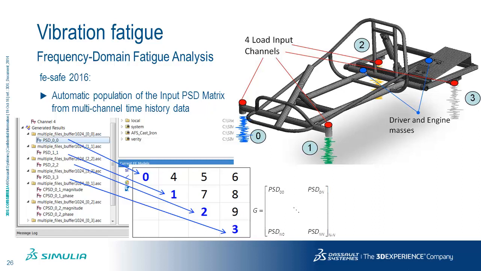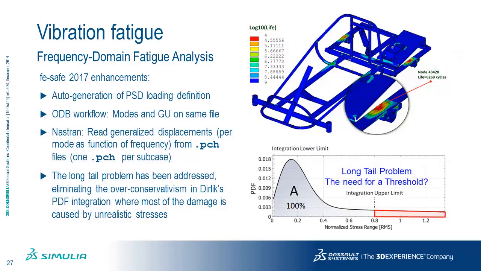If you have a bunch of time signals for a bunch of channels, for example, this is more of a cartoon thing, you'd typically have more channels than this, and you have to generate the autocorrelations and the cross-spectral densities, and we can generate that for you automatically now. In fact, that was from a suggestion from Dr. Lee.